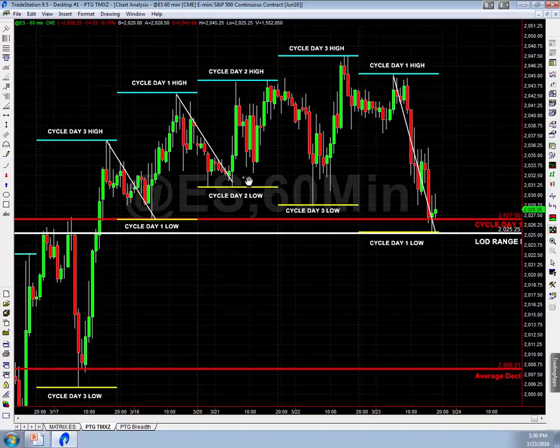This is a template of how the cycle typically unfolds, but there will be variance at all times from what the cycle norm will do. So you've got to remain flexible in this. But understand these cycles, and like I said, the more you work with them, the more understandable they will become.